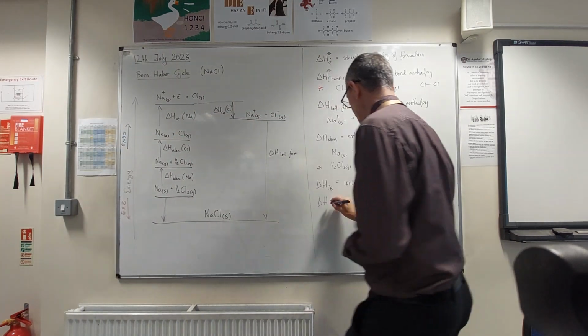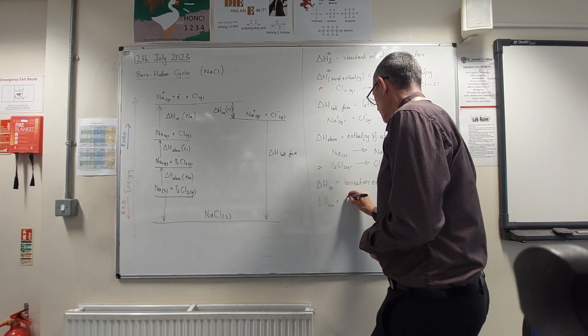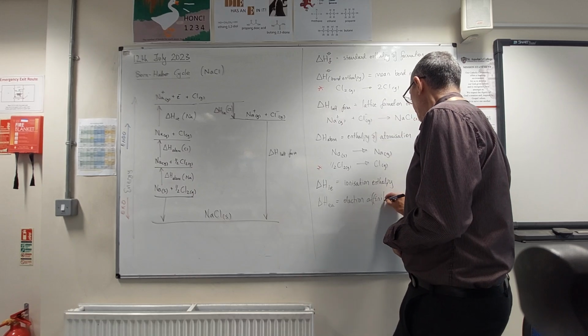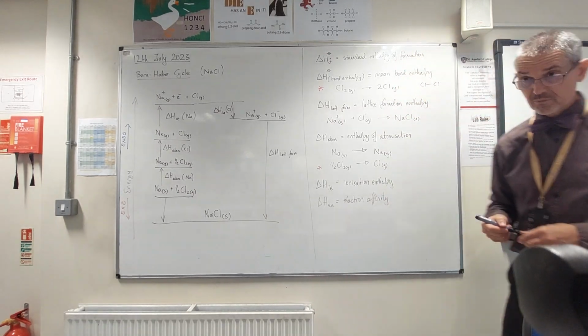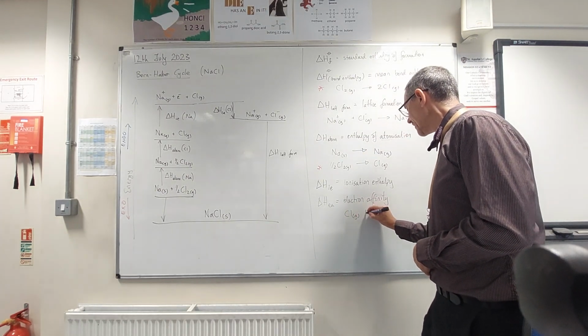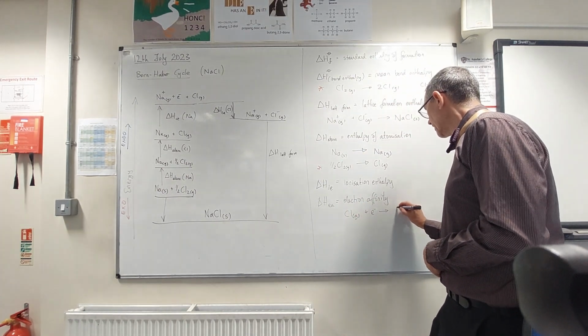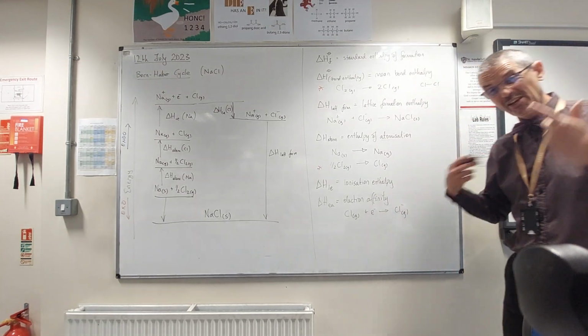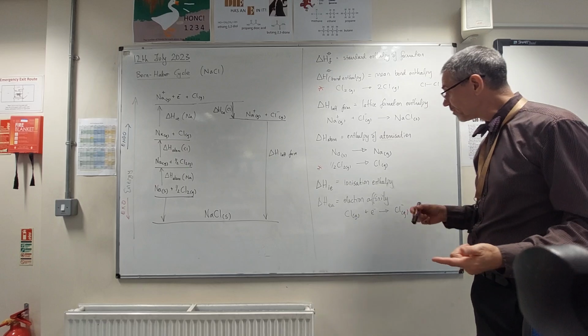It's called the enthalpy of electron affinity. The enthalpy of electron affinity, that's where I take an atom, give it an electron, and turn it into a negatively charged ion, all in the gas phase. It's kind of the opposite of ionization enthalpy.